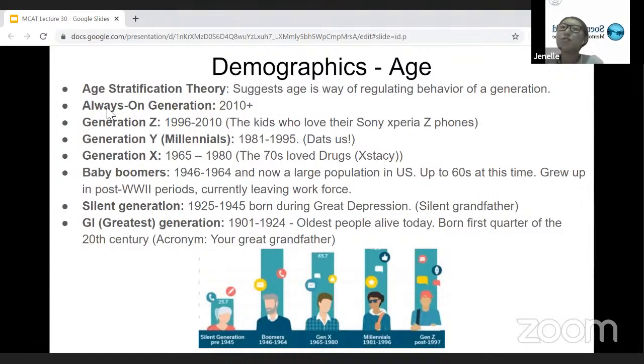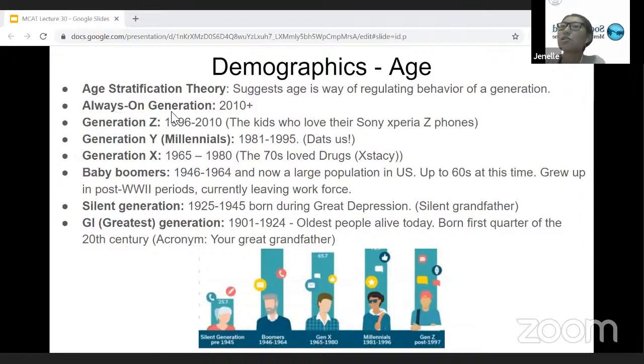This first one, the always on generation, which is anyone born 2010 and after, is something I didn't really learn about when I was studying, but it's an extra point to know, just in case they added a new term.